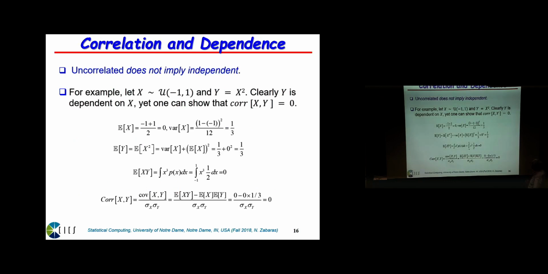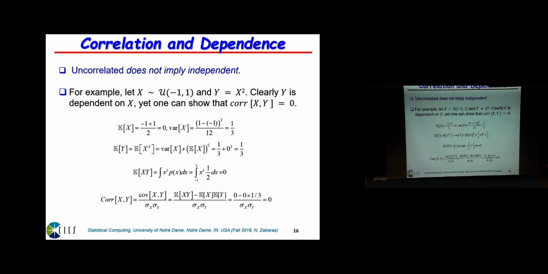I give you a nice example, and I'm not going to go through it, but I strongly recommend that you do. The problem here is I'm taking x to be a uniform random variable, and I take y to be x squared. So obviously they're highly dependent.